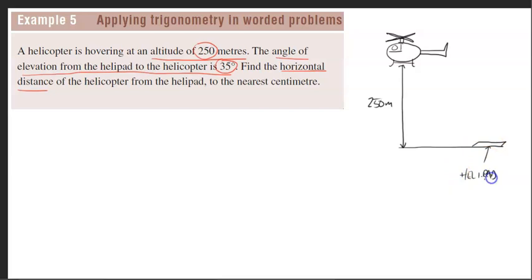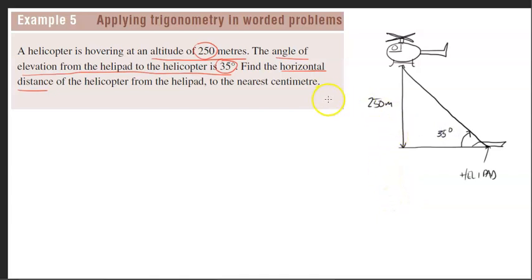What we do know is that it creates an angle of elevation from the helipad to the helicopter. So angle of elevation is up from the horizontal. So we're looking for an angle that goes up here. And so if we draw a line from there to there, this angle that goes up, which elevates, is 35 degrees.